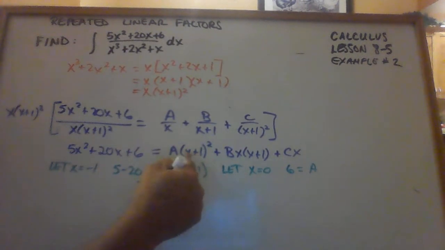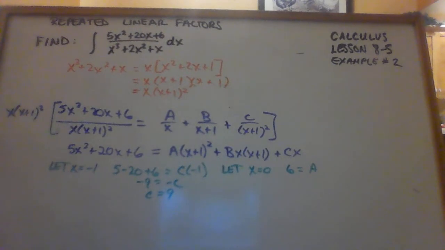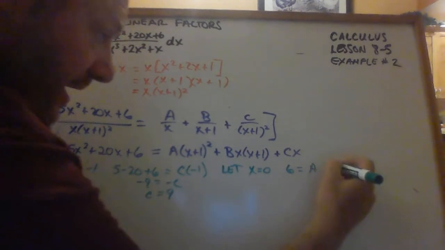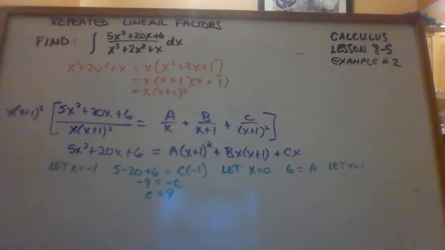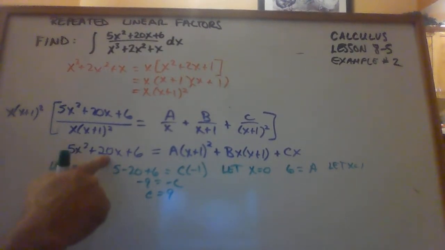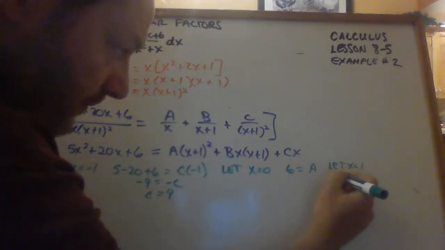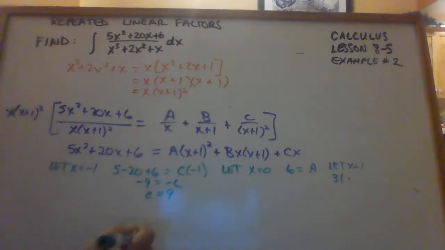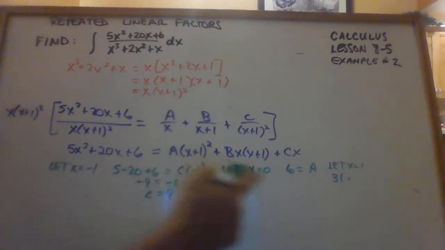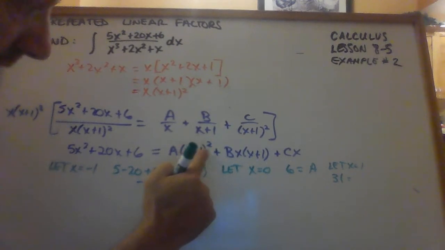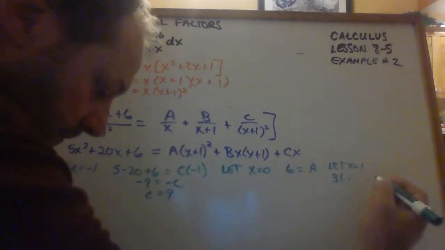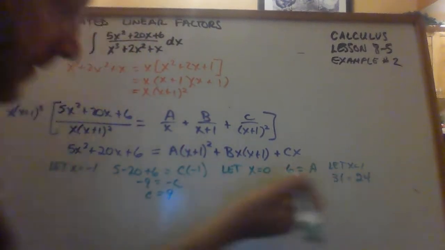Okay, now I have nothing left that will make all of this go away. So I can just pick any other number that I want. I'm going to pick something super easy. I'm going to let x equal 1. So if x equals 1, this is 5 plus 20 plus 6, that's 31, equals, I know that a is 6, so this is 6 times 1 plus 1 squared, so that's 6 times 2 squared. 6 times 4 is 24.